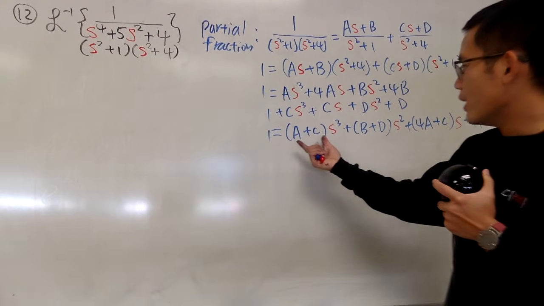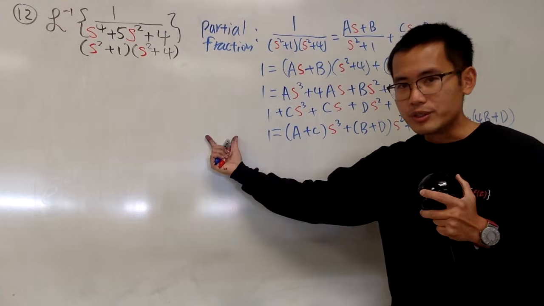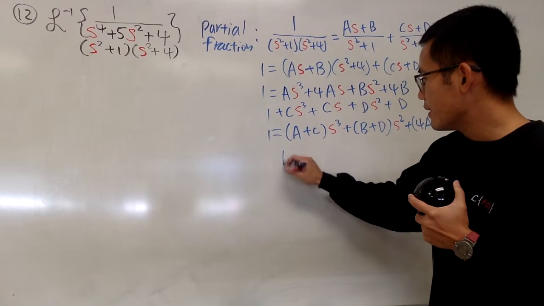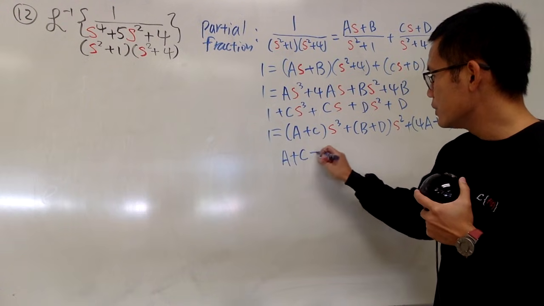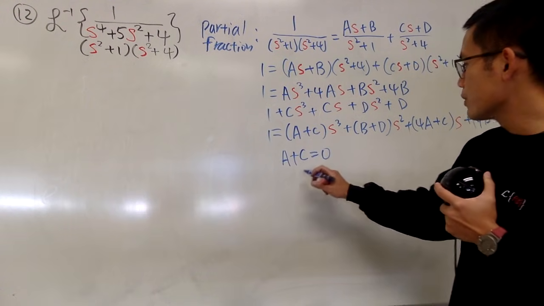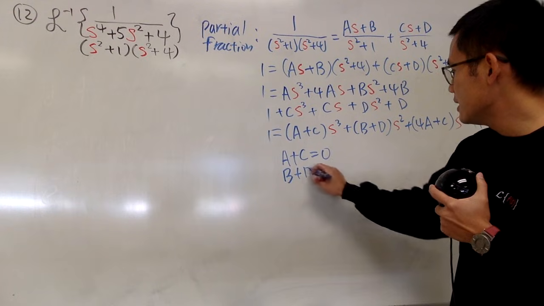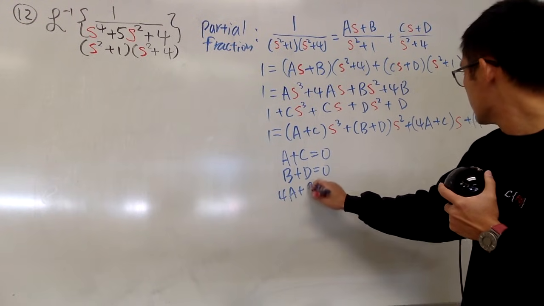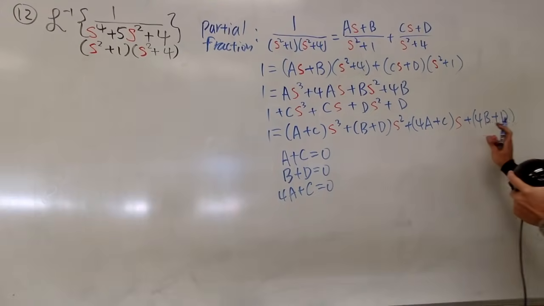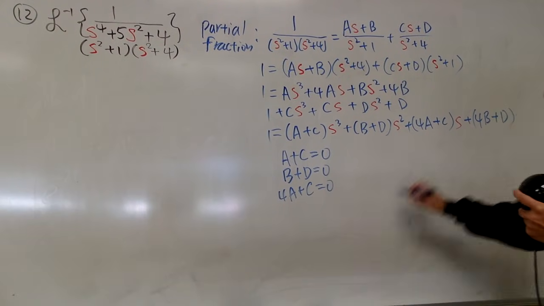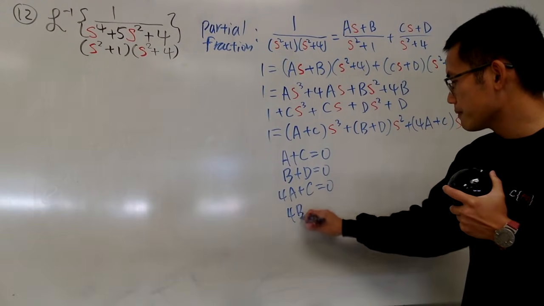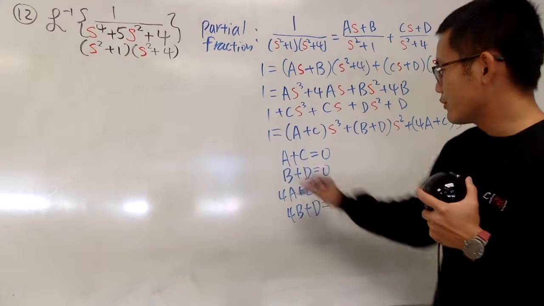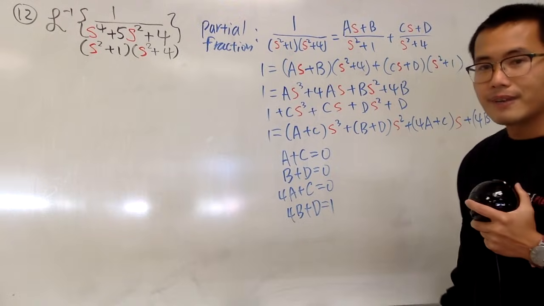What that means is that we must have a + c equal to 0, because the left hand side doesn't have the s to the third power. Likewise, b + d must equal 0, and 4a + c must equal 0. And then 4b + d is the constant, so it has to equal 1, right?